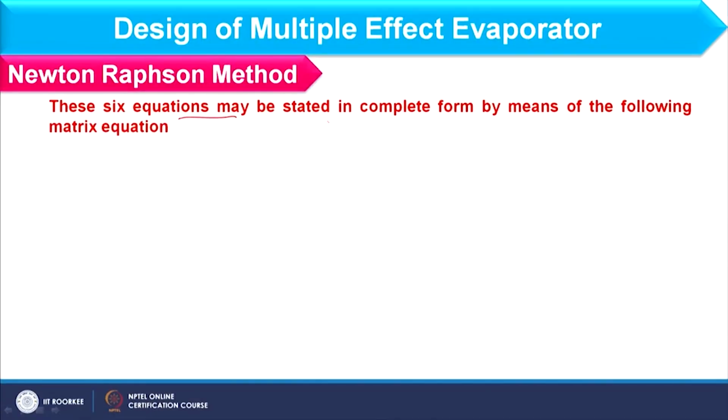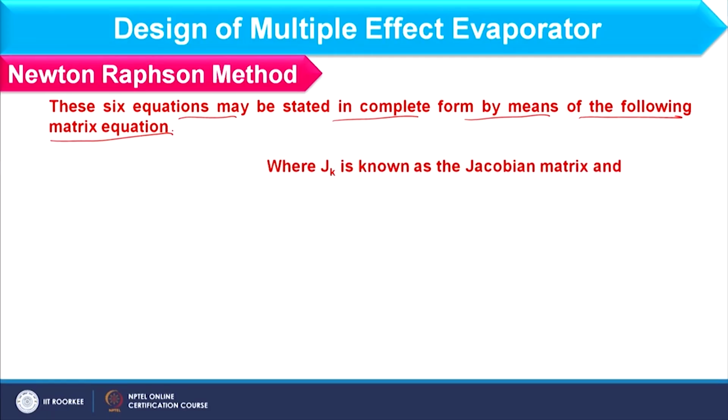So, these 6 equations may be stated in complete form by means of following matrix. So, instead of showing these equations individually, we can solve that with the help of matrix, which is easier for us, okay. So, let us make the matrix, and that matrix we consider as the Jacobian matrix, okay.